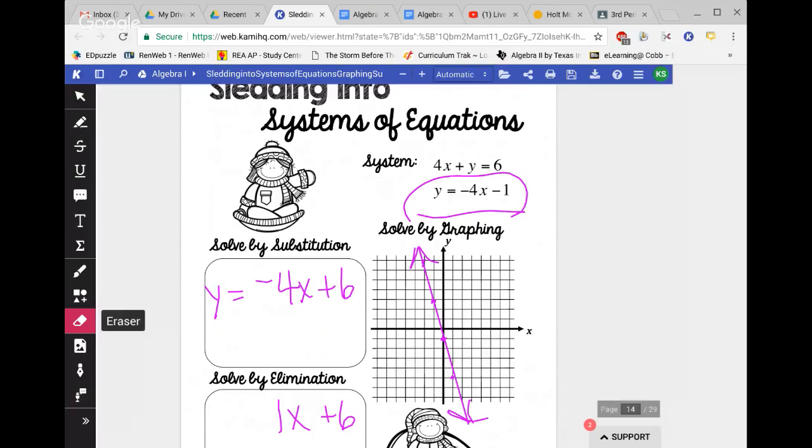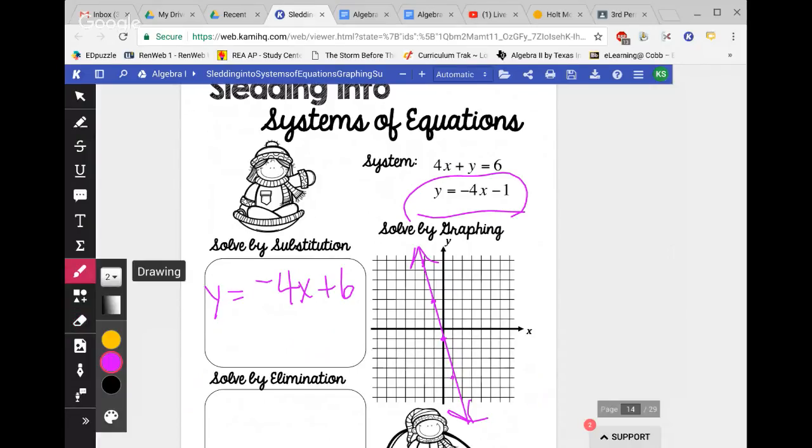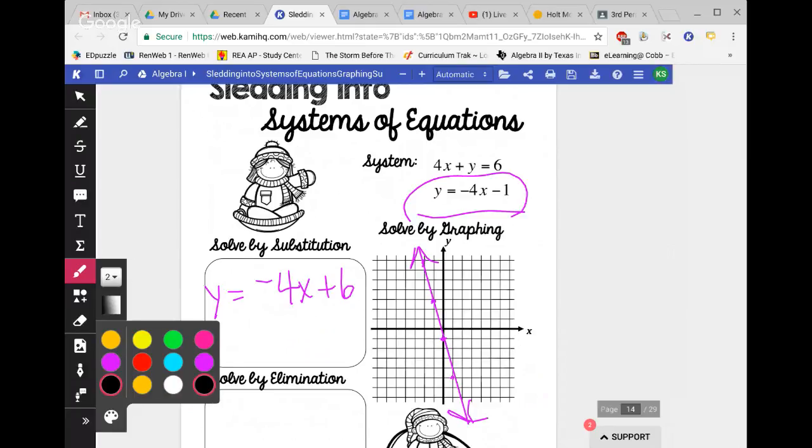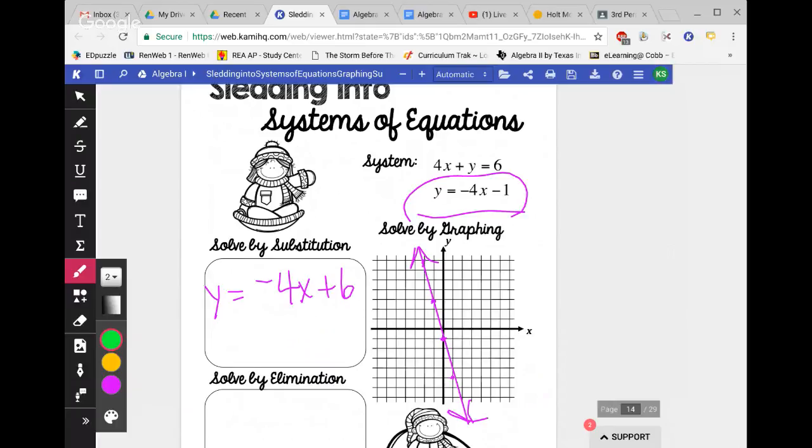What does that mean about a line if they have the same slope? They're parallel. Good job. That's it exactly. So do you remember what it means if the lines are parallel with systems of equations? What happens? They never intersect. They never intersect, so we would have no solution for substitution or elimination. So that means we only have to work about halfway. So that's a good one for this one.